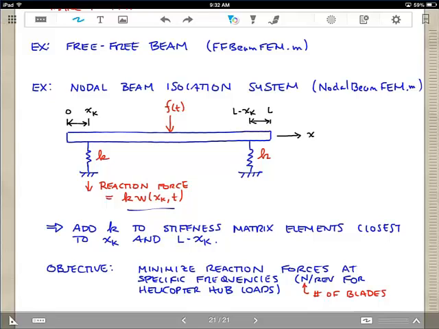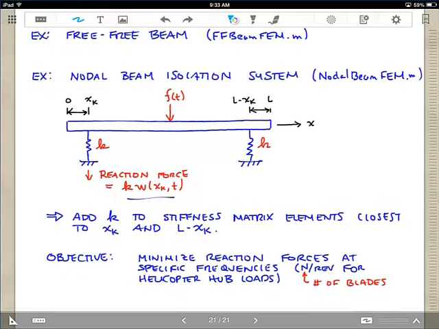Of course, the finite elements have finite width, so it's not a perfect approximation. We'll see the results aren't exactly perfect, but in terms of implementation, it's pretty simple. For the helicopter application, you're trying to minimize the reaction forces at n per rev. So if you have 4 blades, typically you're getting 4 per rev beating on the fuselage, which can be very annoying for the people riding in it.